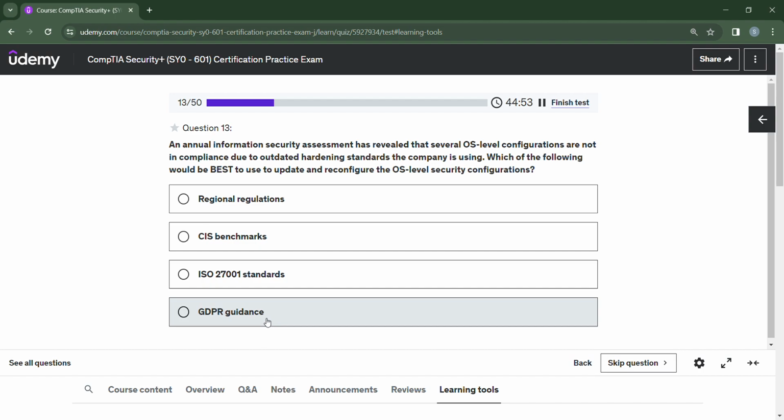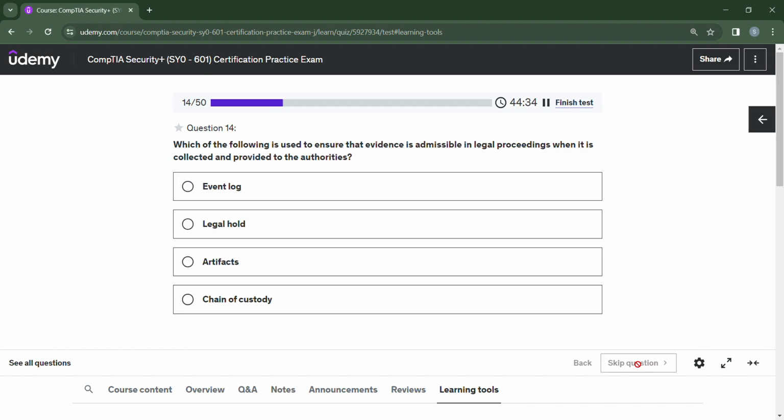I know it's not GDPR guidance. I'm going to go with ISO. I think it's ISO.